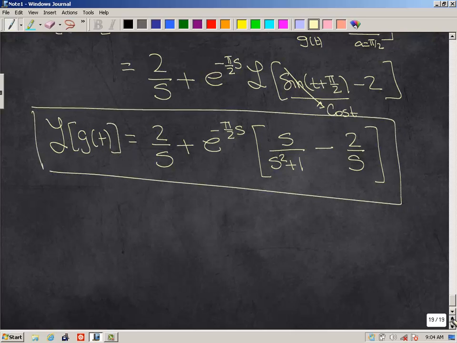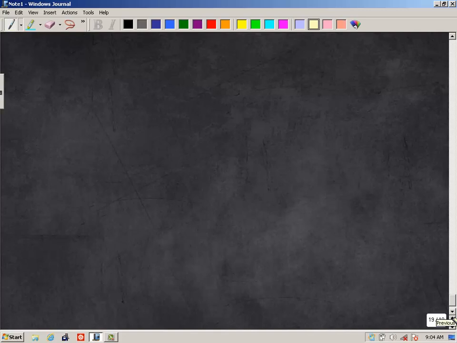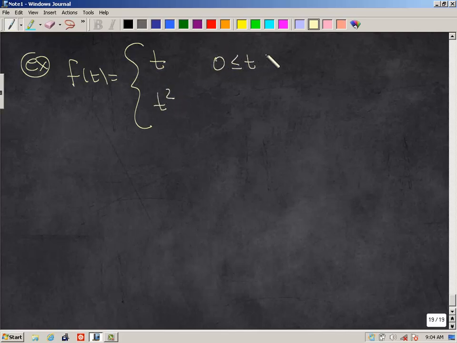Okay, let me do one last example of what I just did. Let's create the function f of t. I have t for 0 less than t less than 1, and t squared for t greater than 1.